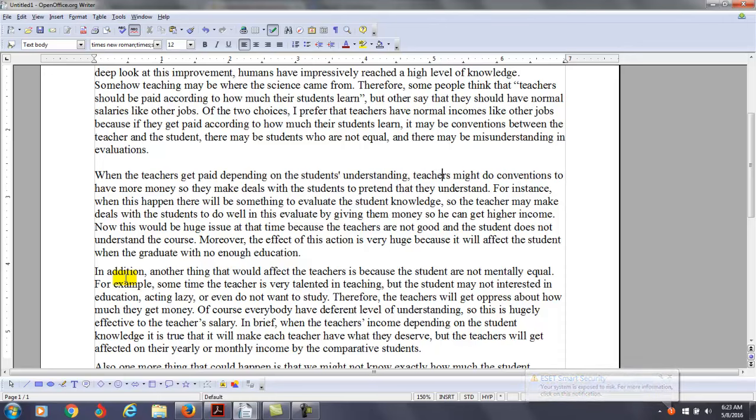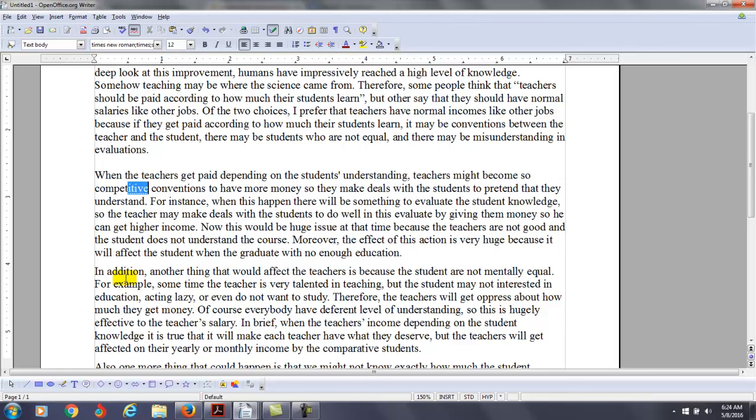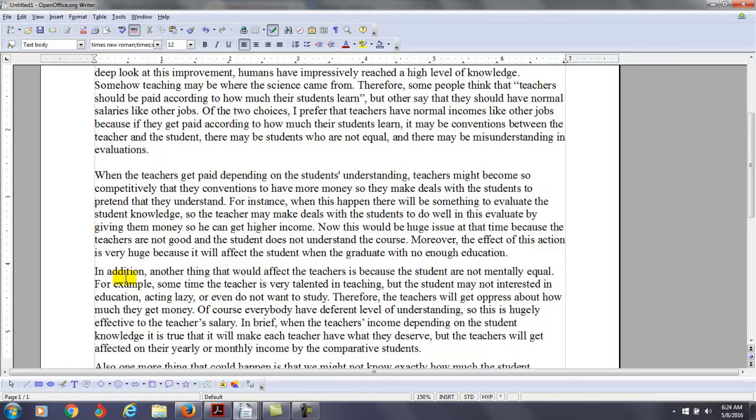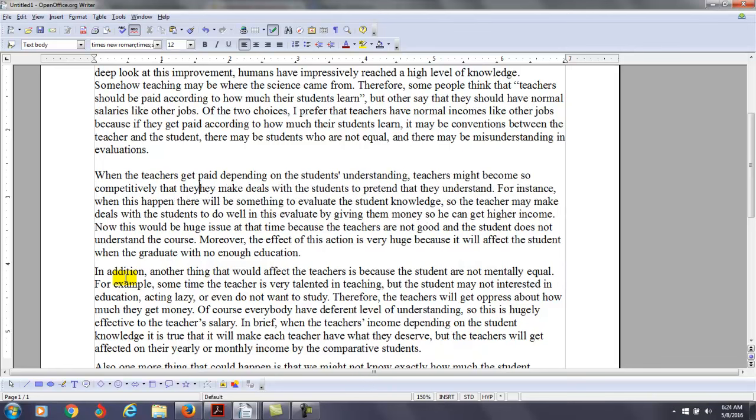Teachers might do conventions, I'm going to say might become so competitive, and see, I don't really know. Only you know what you mean here, so I'm going to try to make it make more sense. So teachers become so competitive that they make deals with students to pretend that they understand.